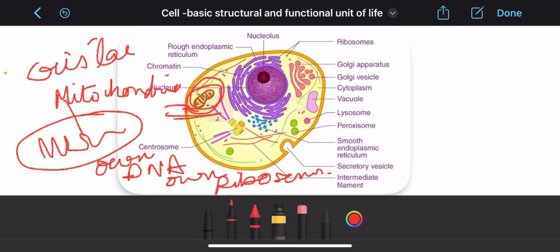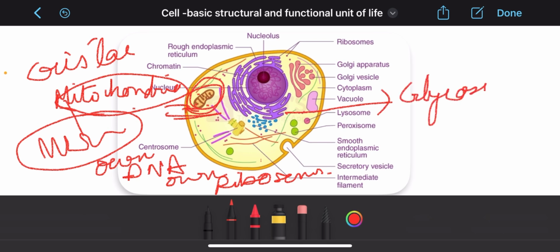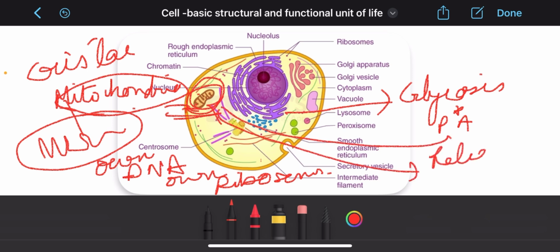So, release of energy from pyruvic acid is done in mitochondria only. Like in cytoplasm, glycolysis takes place. And the end product, pyruvic acid, enters into mitochondria and the end product is release of ATP.